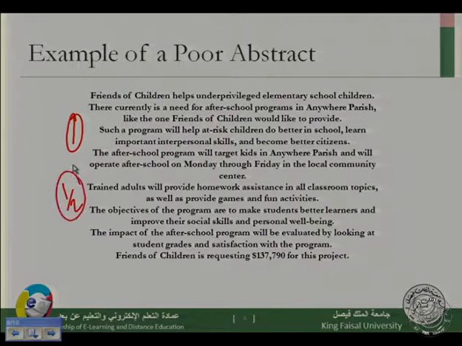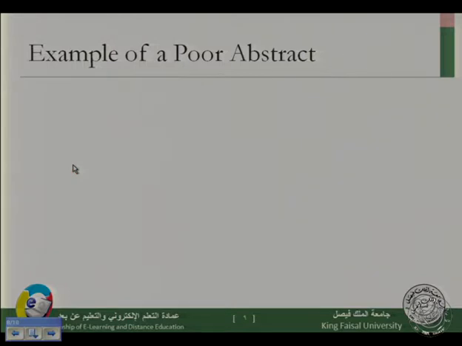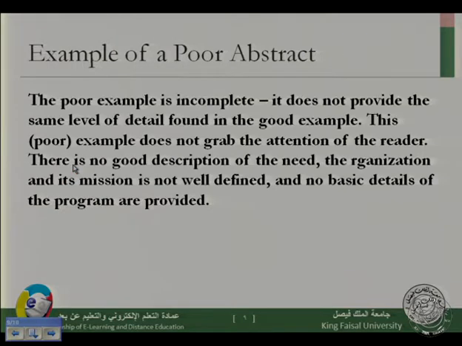So this is a poorly written abstract, and we can read a comment here about it. The poor example is incomplete. As we said, it does not provide the same level of detail found in the good example. Yes, we don't have the information needed. The whole picture was formed in the good example.